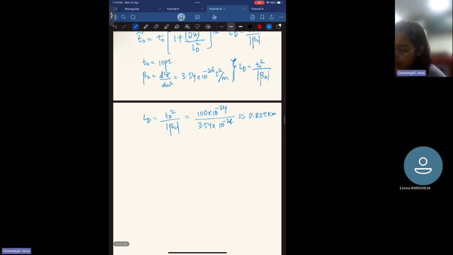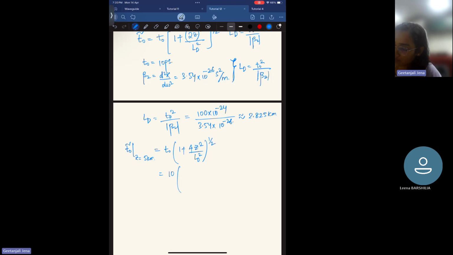So now we know LD, so we can find out T0 delta for z equal to 5 kilometer. This will be T0 times (1 plus z²/LD²) to the power half, where T0 is 10 picosecond.